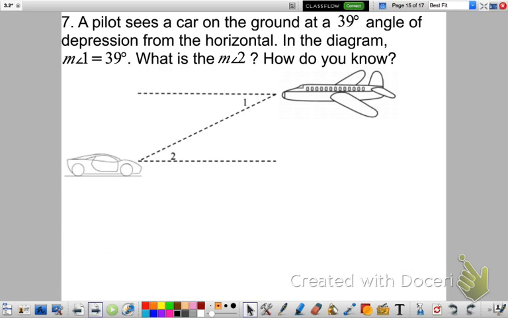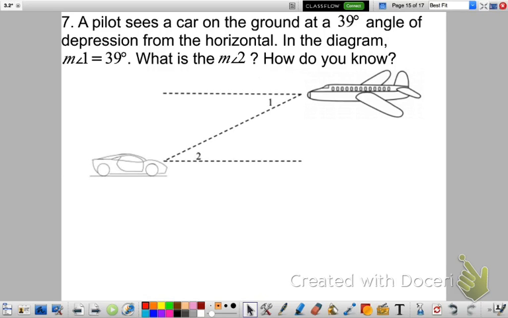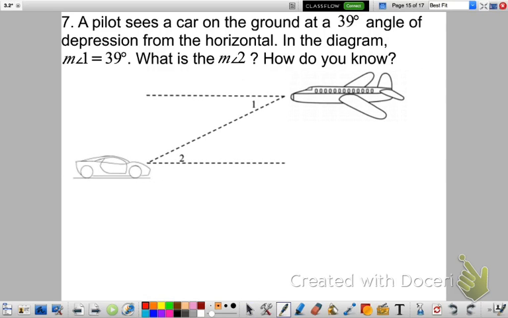Let's look at 7. Okay, so we are told that we have an angle of depression from the horizontal, that is the airplane, and then we have an angle of elevation for the car. Since these are horizontal, they are parallel.